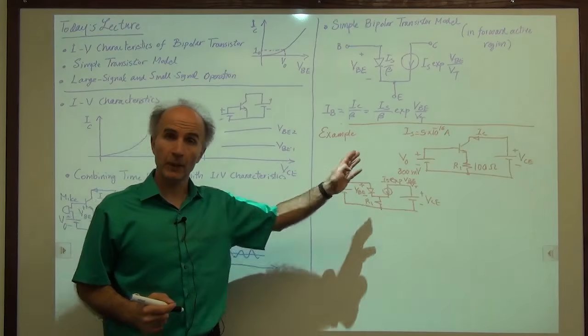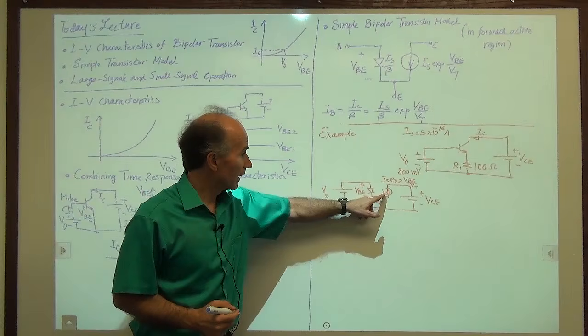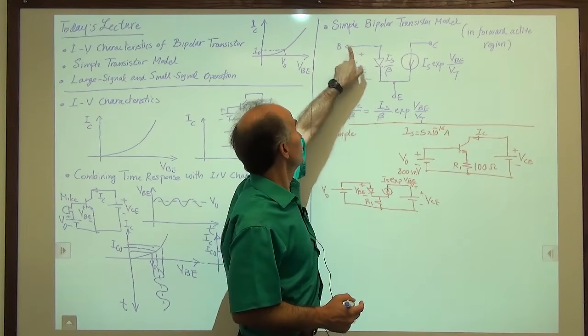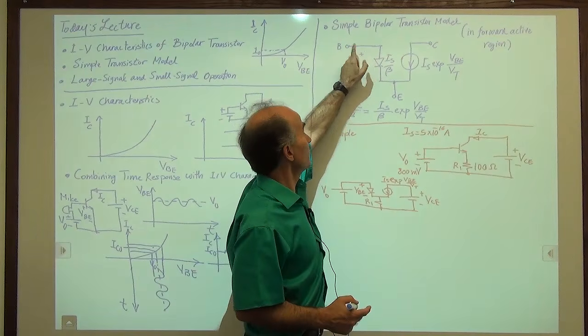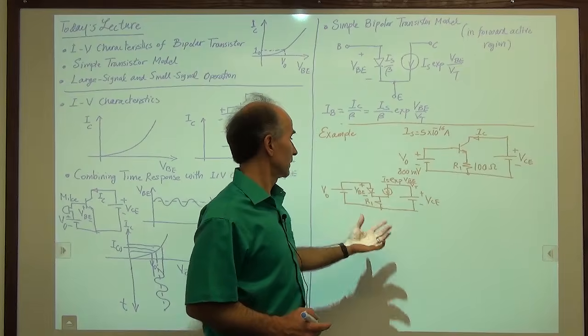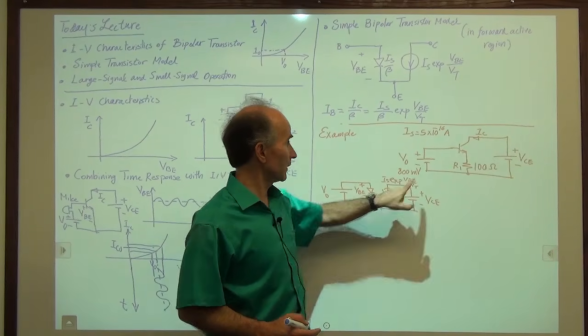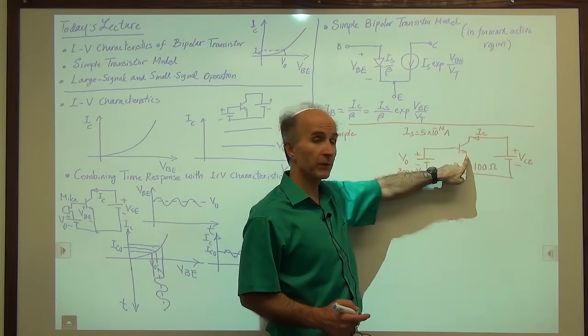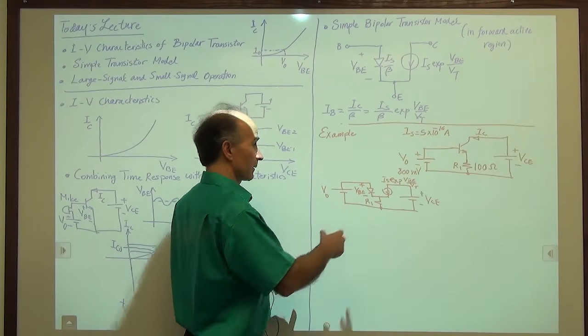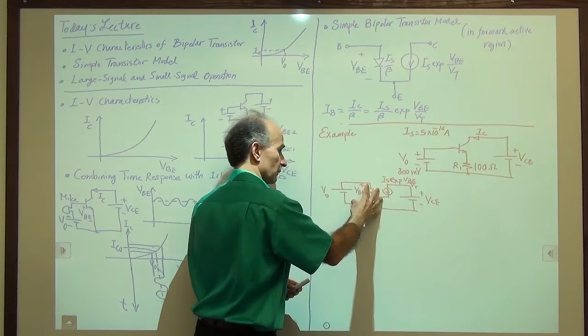Well, I don't have room there, so let me erase this here and write it on top. So I replaced the bipolar transistor with its model. The model tells me what goes to what terminal. The diode goes between base and emitter. The current source goes between collector and emitter. That's all. Emitter is this point because that goes to the top terminal of R1. So now we have a simpler representation of the circuit over here.